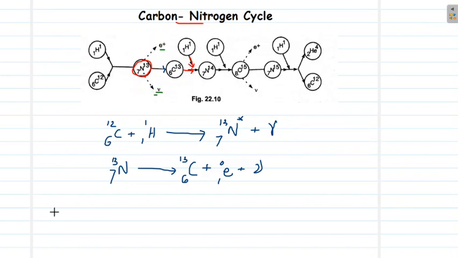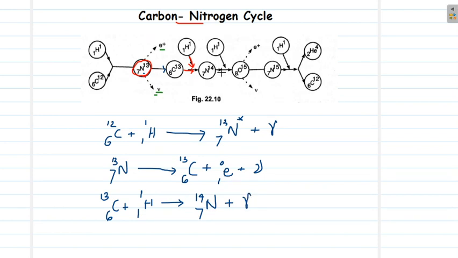Written as a reaction: 6C13, the product of the earlier reaction, combining with hydrogen, which is available in plenty in the Sun, 1H1, gives 7N14, releasing a huge amount of energy in the form of gamma radiations.